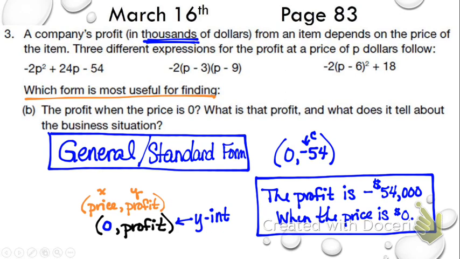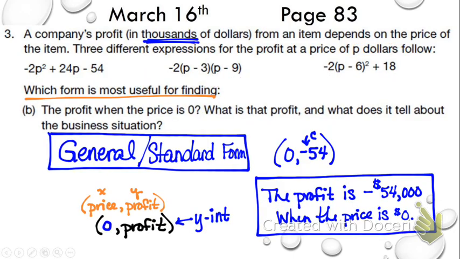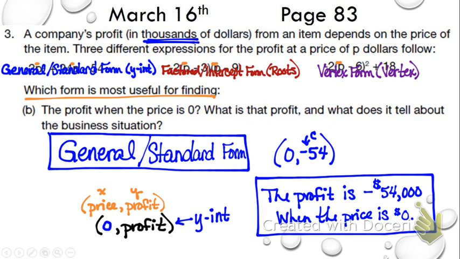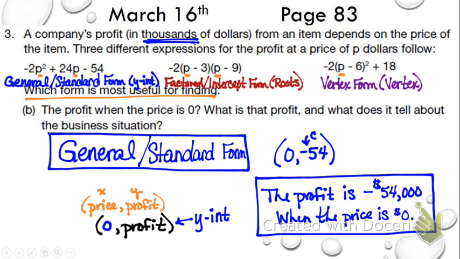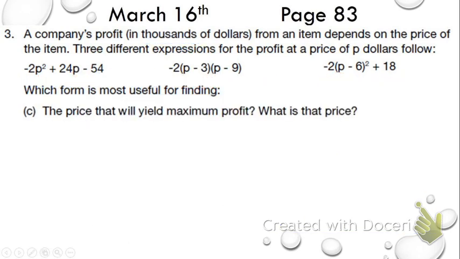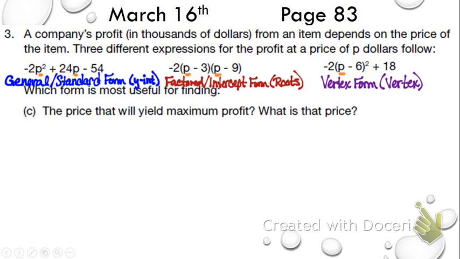All right, last one, and then you guys are going to get turned loose on number 4. Process of elimination should tell you which form we're after this time, right? Vertex form. What do they want to know? The maximum, which is the vertex. Yep. The maximum, which is the vertex, and the price that goes with it. So we're going to look at vertex form.